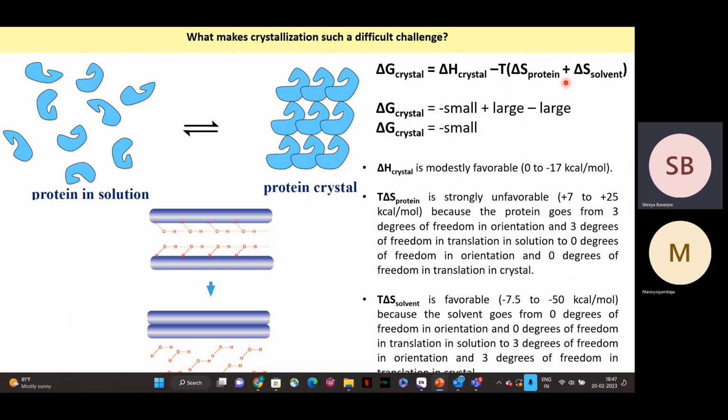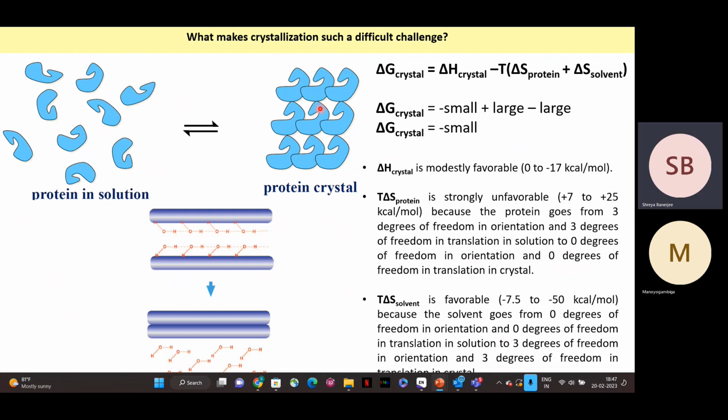Now, entropy is of two types. One is the entropy change in the protein. The entropy change in the protein is strongly unfavorable, from plus 7 to plus 25 kilocalorie per mole, because in the solution, the protein is free. It has 3 degrees of freedom in X, Y, and Z axis, and it has a lot of entropy.